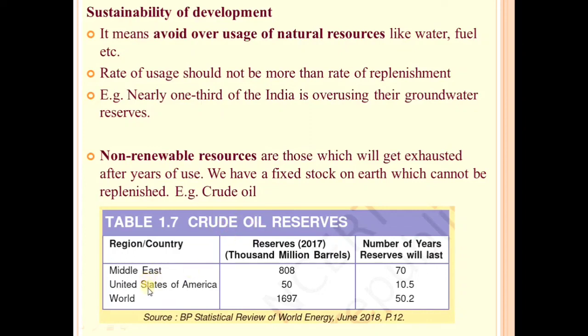So in the Middle East, USA, and the world, how much reserves we are having, and based on the usage, how many years these reserves will last is also written here. Just see, in the Middle East these reserves will last barely up to 70 years.